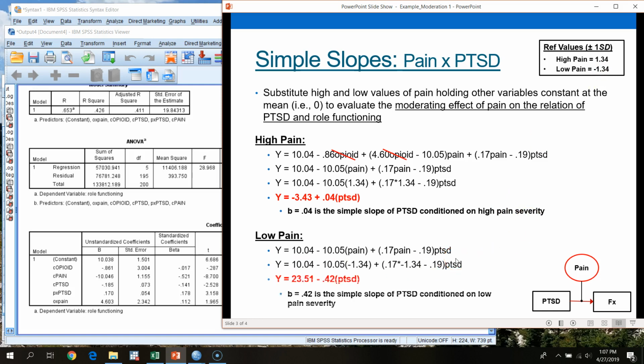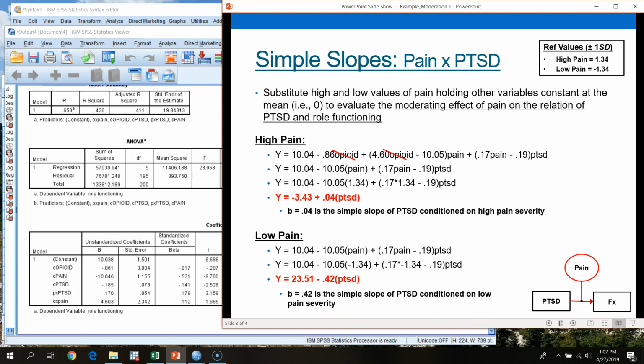Bring this down, and what I end up with is my simple slope, or my conditional effect of PTSD at low levels of pain. So here, an intercept of 23.54 minus 0.42 PTSD, 0.42 being the simple slope of PTSD conditioned on low levels of pain severity.